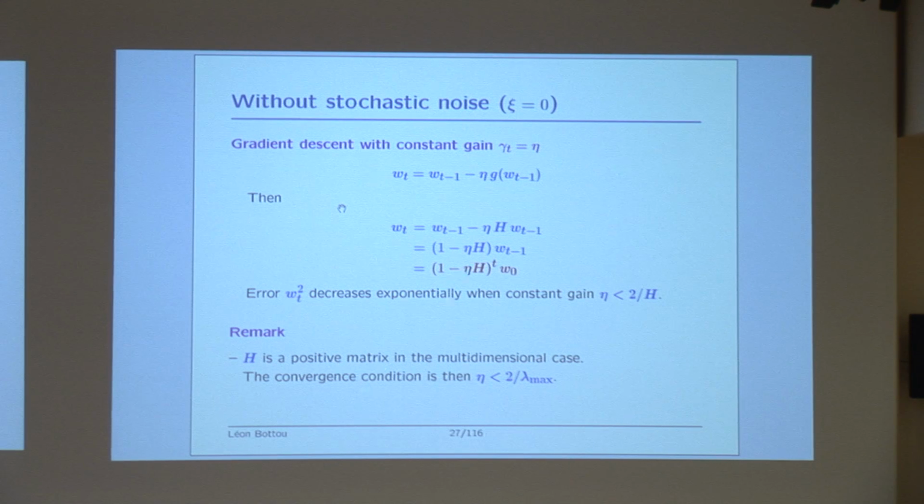If the gain eta is small enough, less than 2 over h, the absolute value of this is less than 1, and you have convergence that's exponentially fast. And this is why, in the set of asymptotic rates that had been given before for the gradient, you reach a certain accuracy in optimization in a time that's proportional to log 1 over the accuracy.